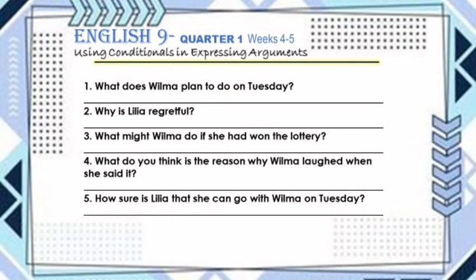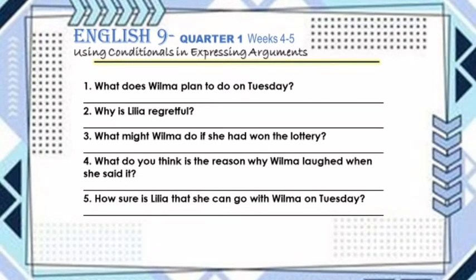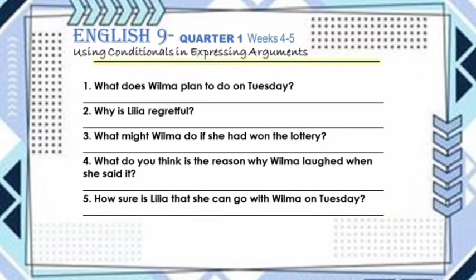Number 2. Why is Lilia regretful? Number 3. What might Wilma do if she had won the lottery? Number 4. What do you think is the reason why Wilma laughed when she said it? Number 5. How sure is Lilia that she can go with Wilma on Tuesday?